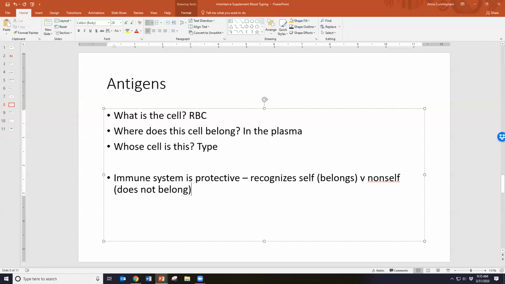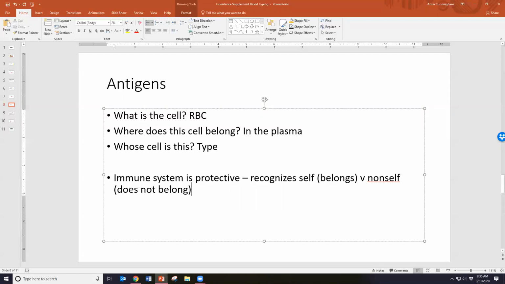So blood cell antigens not only help distinguish A versus B, they also help distinguish species. Who cares if I were to get pig blood versus human blood? You would hope that would be okay.